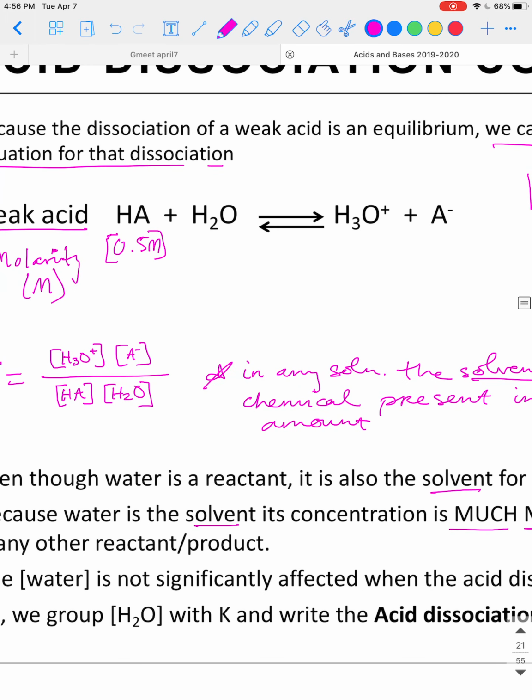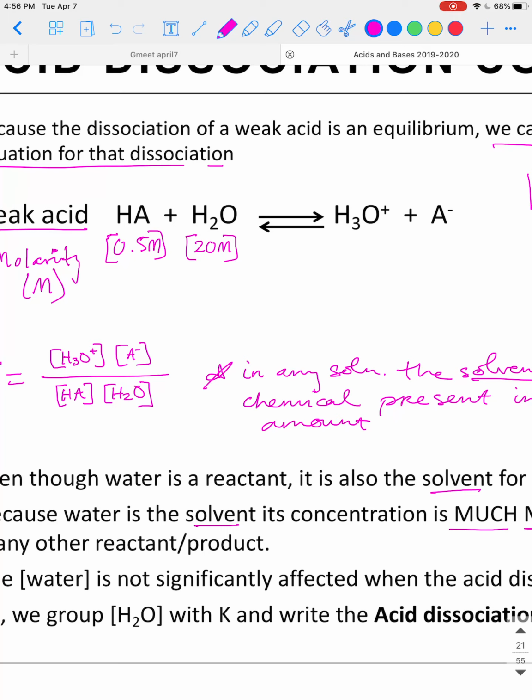So because water is the solvent here, and it is for any aqueous solution, and anytime you have an acid that's dissociating, it's going to be in water, we could say, make up a really high number, let's say it's 20 molar. That's just crazy high, but that's probably realistic. If this is a weak acid, we don't know exactly how much will dissociate.